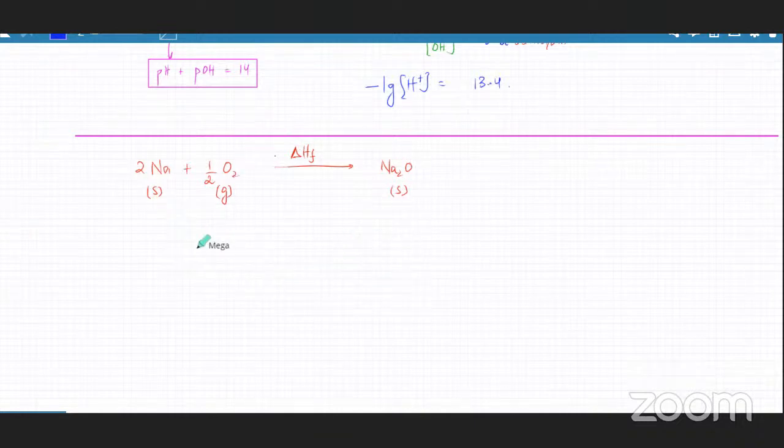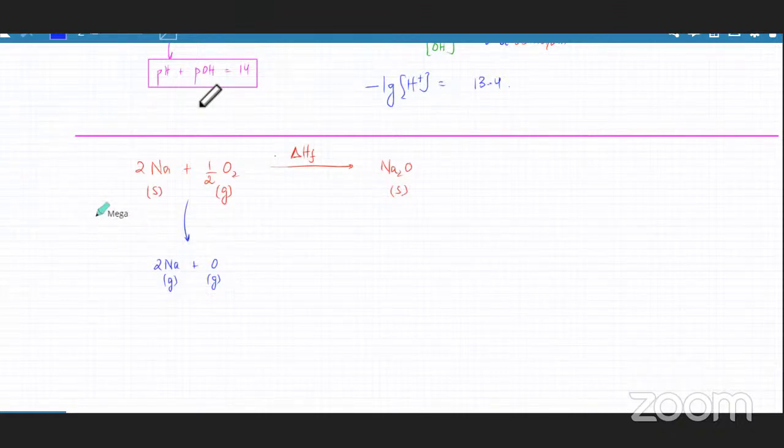Now the way to do that is first atomize the substance, break the elements into atoms. So for that there's going to be enthalpy of atomization of sodium. Sodium atoms or metallic sodium would turn into gaseous sodium atoms. और फिर वो oxygen के bonds in O2 molecules, they need to be broken. And if they're broken, you get an oxygen gaseous atom. So two things are going to happen at this point.